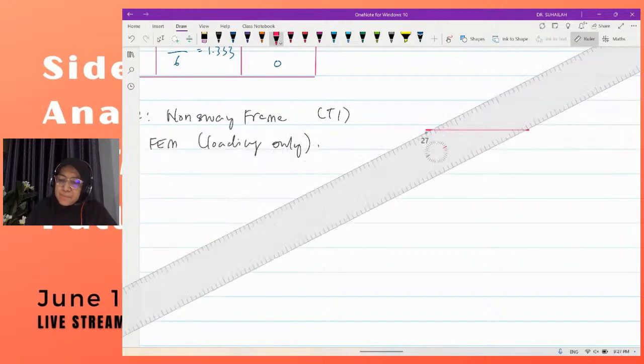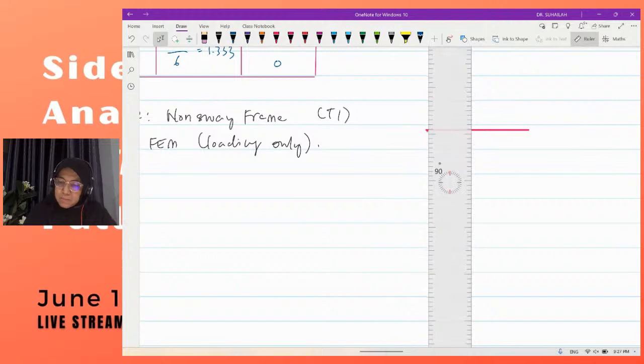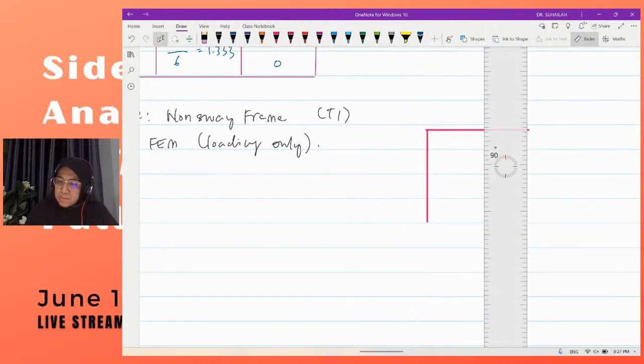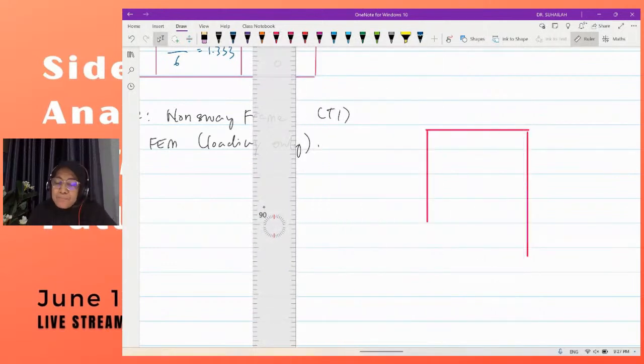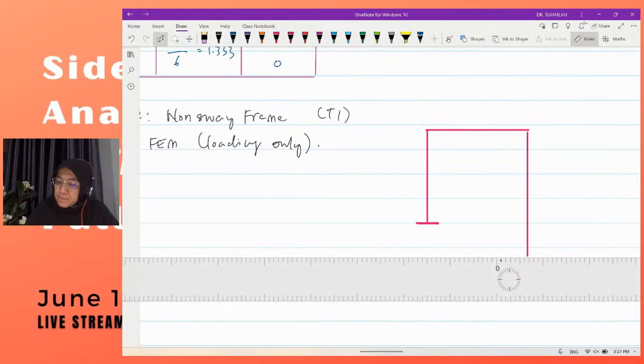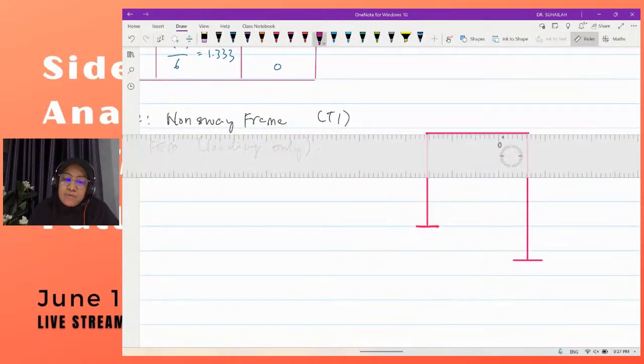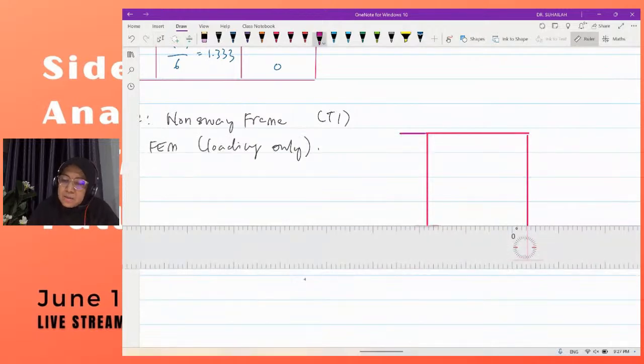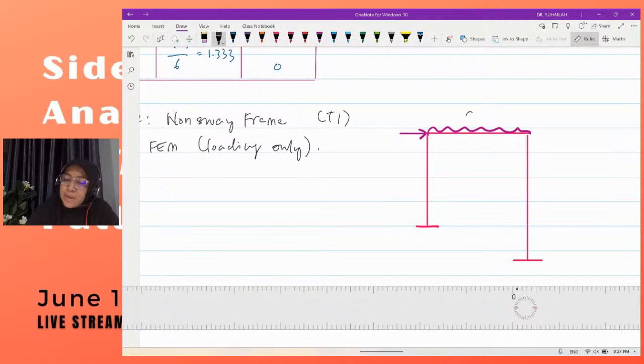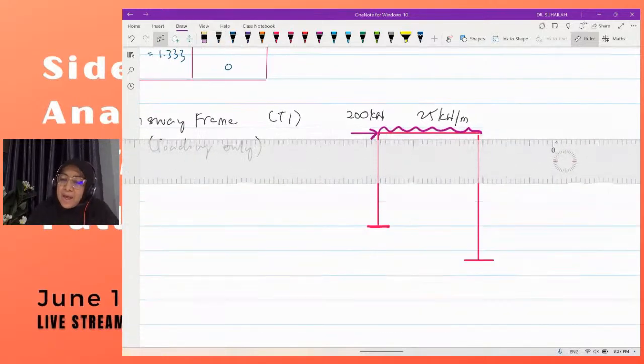This frame is fixed at A and fixed at D. For the loading, we have the point load of 200 kilonewton here and a UDL, the UDL is 25 kilonewton per meter.